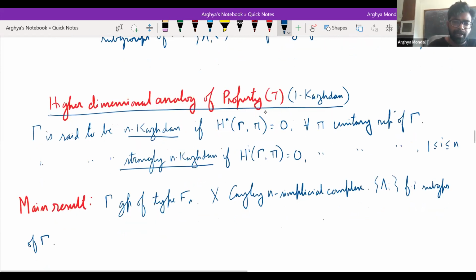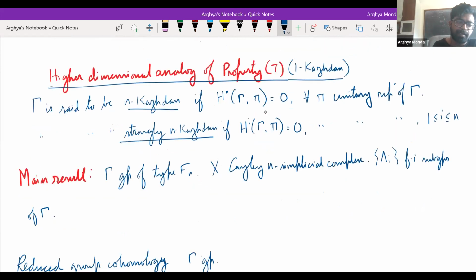So now I can state the main result. Let us look at a group of type Fn and look at its Cayley simplicial complex, and a family of finite index subgroups.